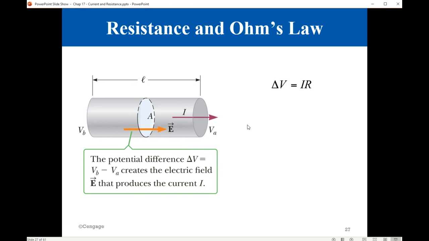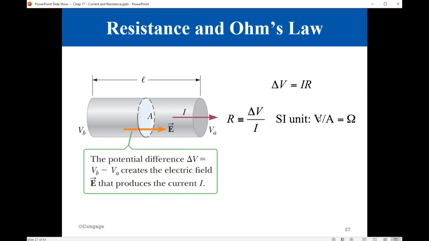So we may write this relationship between current and voltage as direct proportionality, and the proportionality constant R is equal to delta V divided by I, the voltage difference divided by the electric current I. This proportionality constant is called the resistance. So resistance for any conductor is measured in volt per ampere.